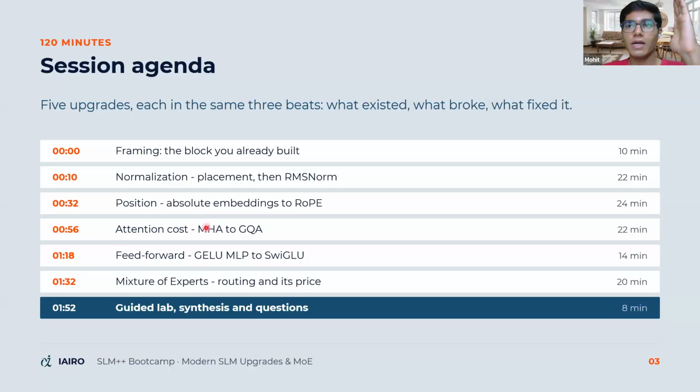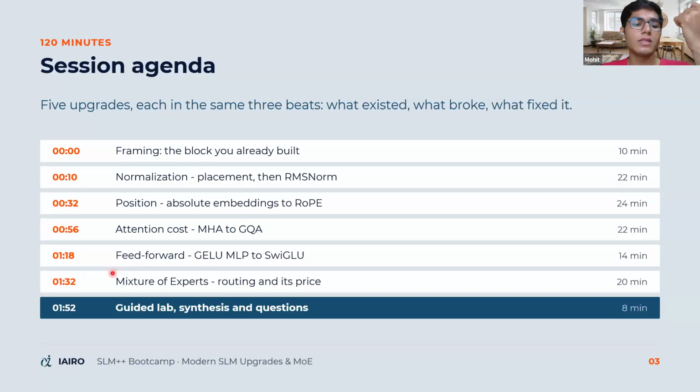Then we'll look into the attention cost, that is, how we can reduce the compute, the amount of FLOPs or the amount of memory that our GPU would be using to give us the same amount of output, right? Then we'll move on to feed forward networks, the FFN layers, which play a huge role in the transformer architecture.